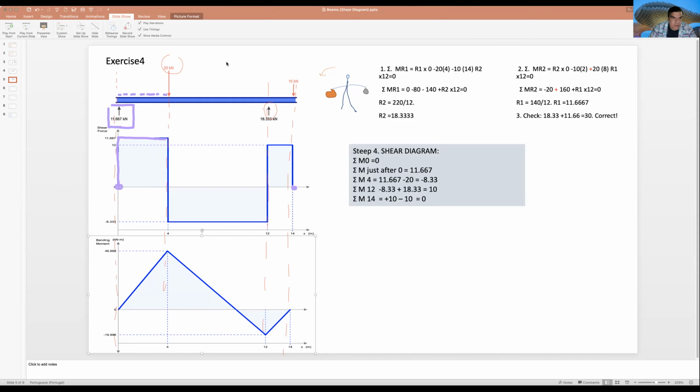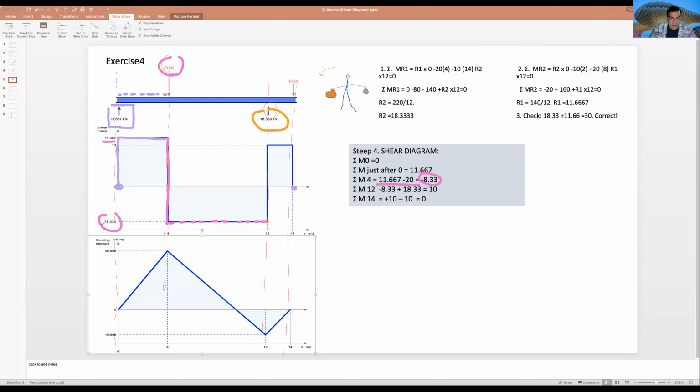Next, I have a force of 20 kilonewtons going down. From 11.67, I go down 20. 11.67 minus 20 is minus 8.33. I go down and arrive at minus 8.33. Nothing happens. I continue straight until I arrive at this force, a reaction that is 18.33.